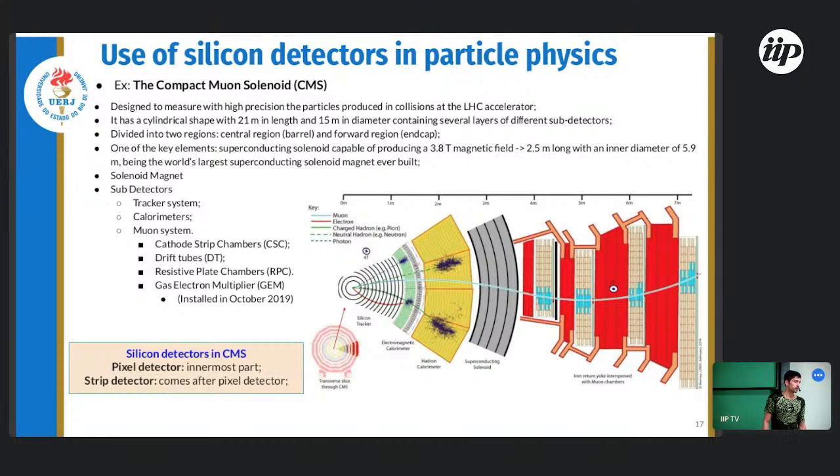Sure, you can ask. Where is the solenoid in the picture? It's here, after the hadron calorimeter. See, the field is coming from there to here, and it is like this. You see, there is the dot and the cross.